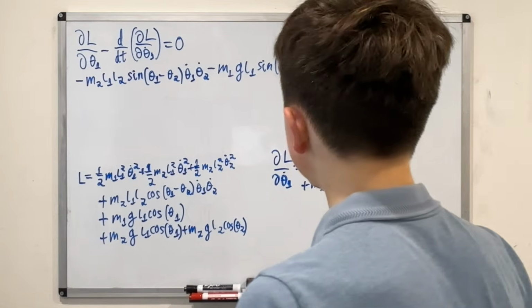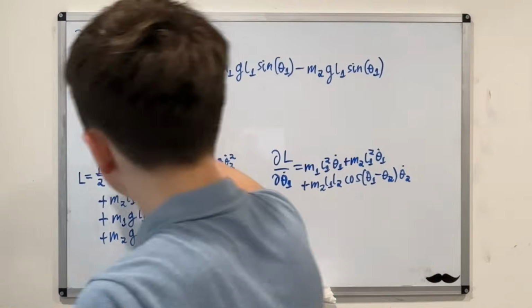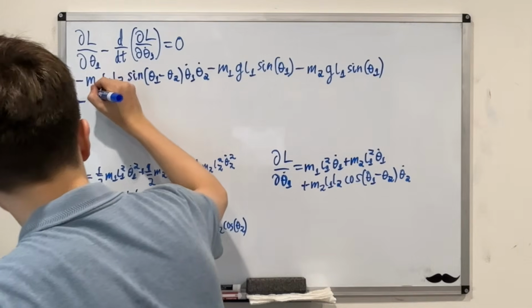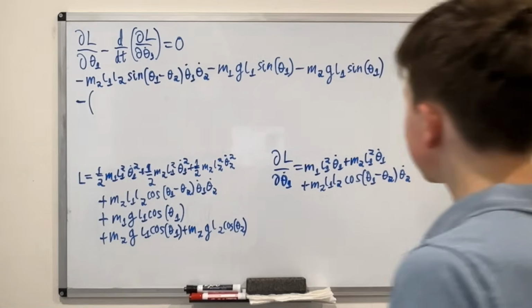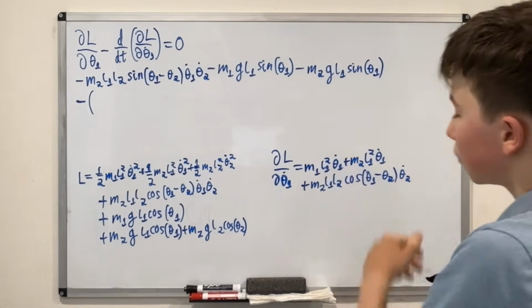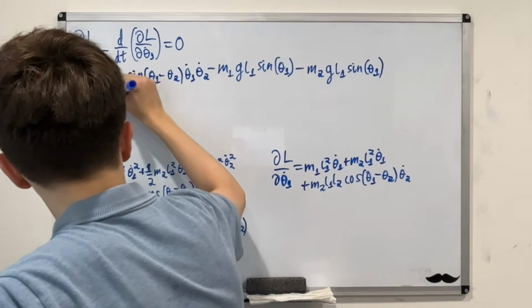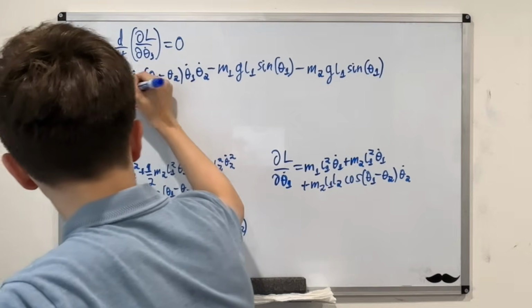So now we can differentiate this with respect to time and put it into our equation. So we'll factor in the negative later. So here the only thing that depends on time is theta 1 dot. So when we differentiate that, we're just going to have m1 L1 squared theta 1 double dot.